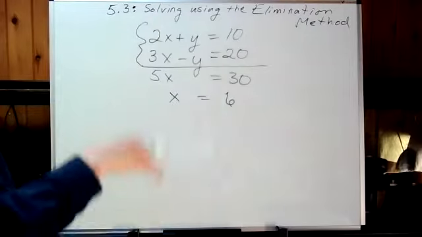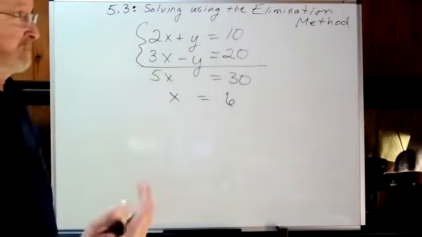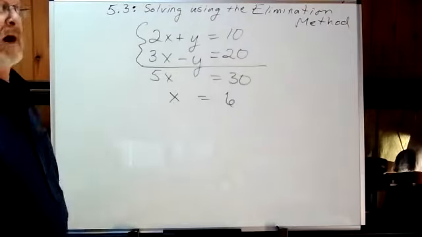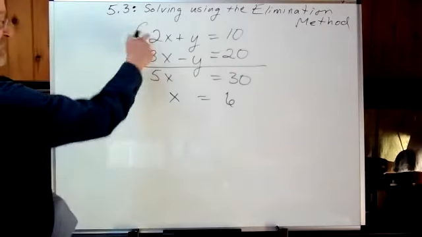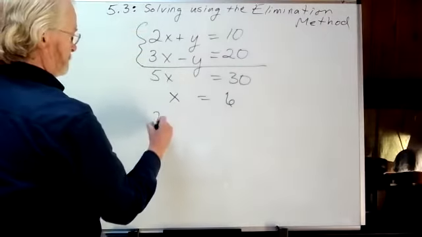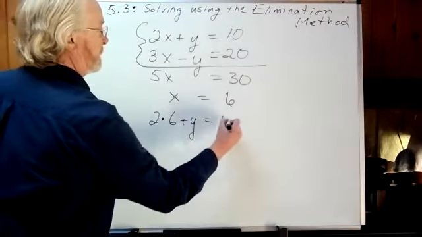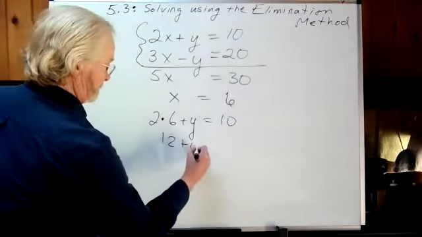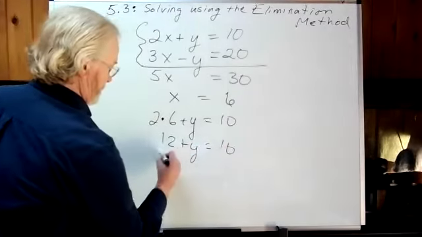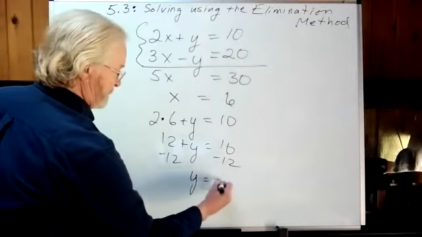Don't worry, we're going to do a bunch of these. Of course, just like the last examples, I need to find the y. I can go up here and choose either one. I'm going to choose the first one to find the y value, right? 12, subtract the 12, and y must be -2.